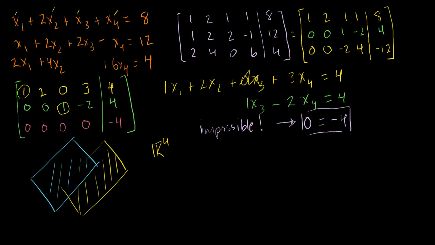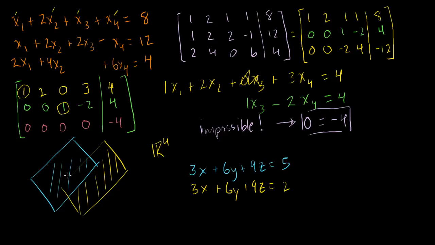Let's say that this first plane was represented by the equation 3x plus 6y plus 9z is equal to 5. And the second plane was represented by the equation 3x plus 6y plus 9z is equal to 2.